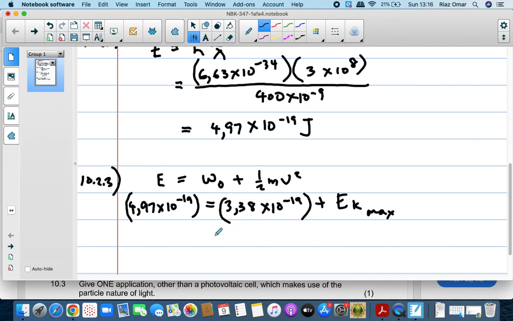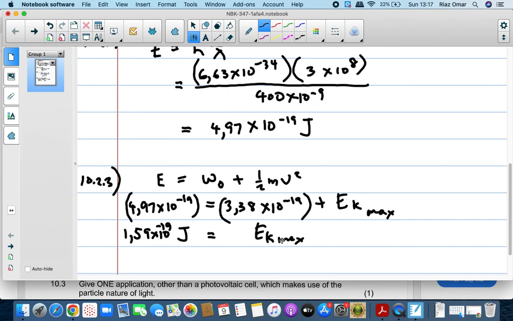If you work this out, we can say 4,97 times 10 to the minus 19, taking the 3,38 to the other side, minus 3,38 times 10 to the minus 19. The maximum kinetic energy of the electrons emitted is 1,59 times 10 to the minus 19 joules.